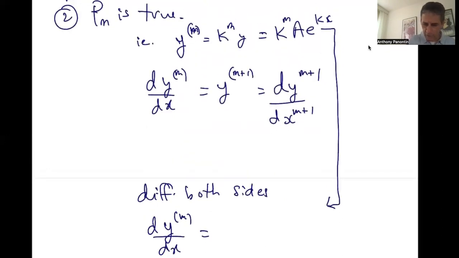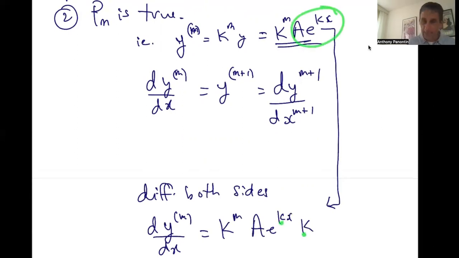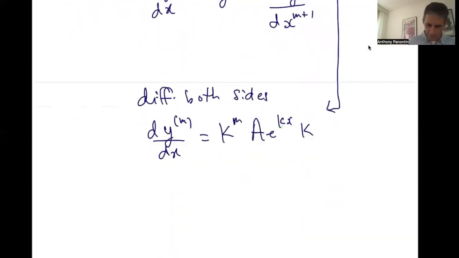And if I differentiate this side, k to the m is a constant times a e to the kx, and when I differentiate this portion, I pick up a k in the front as I finish off the chain rule. So what do we get? Well, the derivative of the mth derivative is the m plus first derivative.